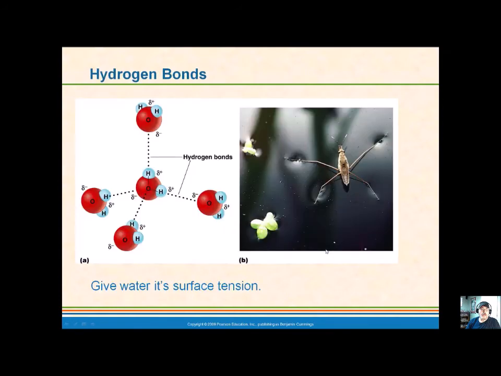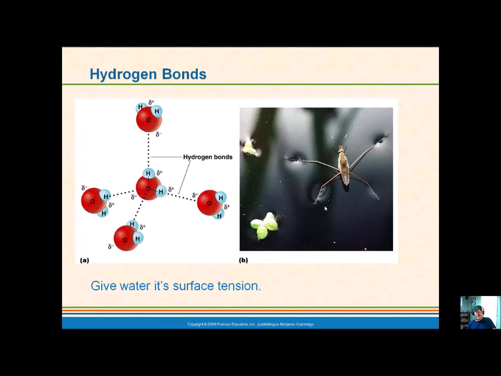This is pretty much how a hydrogen bond works. You can see we've got multiple molecules of water, and they're all attracted to one another in a certain way, which gives a lot of characteristics that water has.